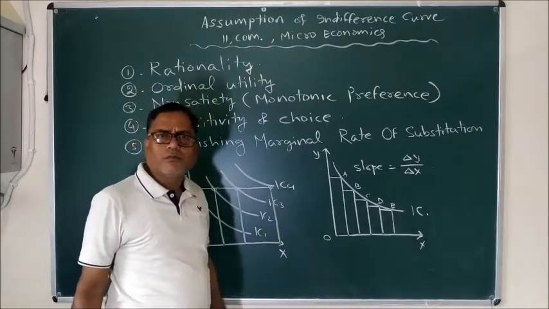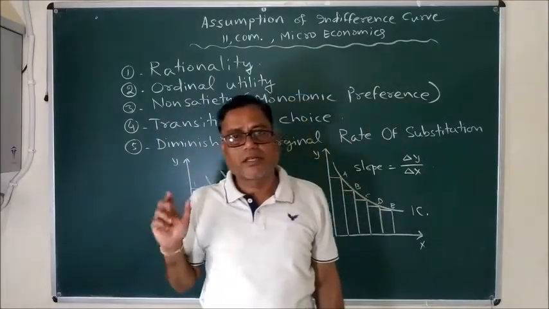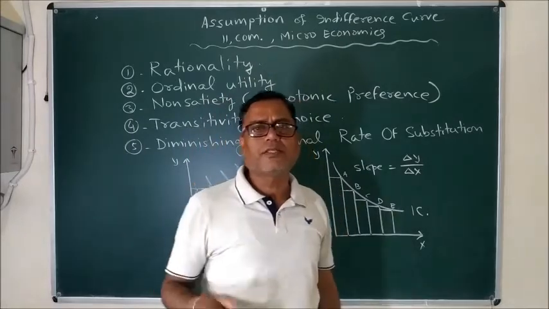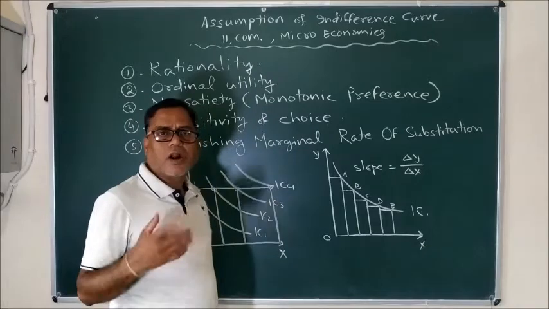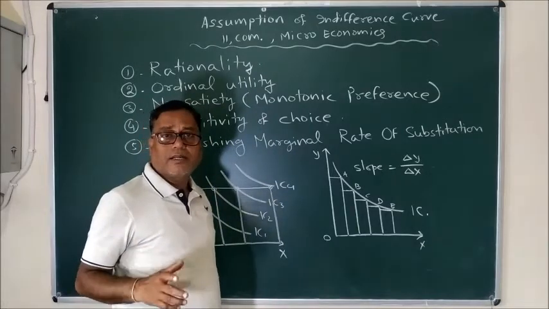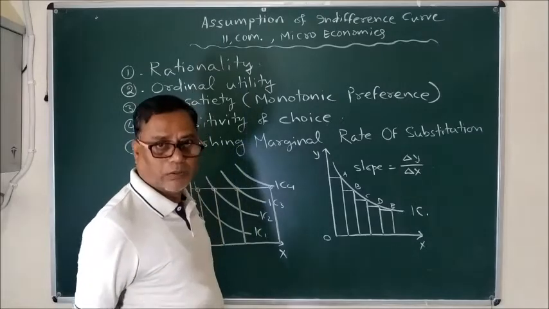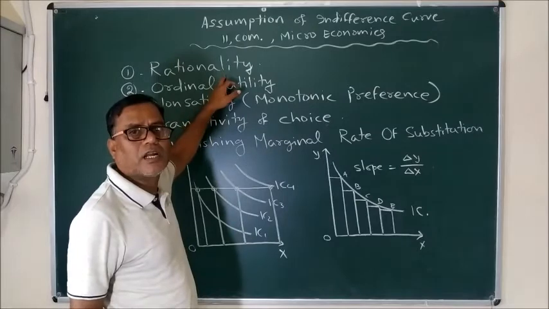What do we mean by a consumer being rational? It means that out of his sacrifice or spending, he would try to get the maximum possible satisfaction or utility. That quality of a consumer is called rationality.